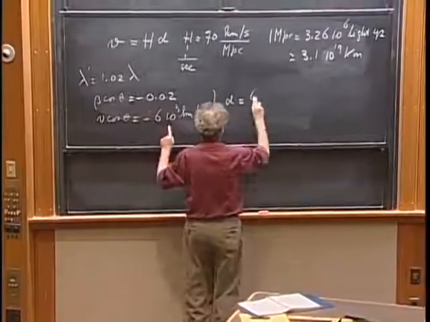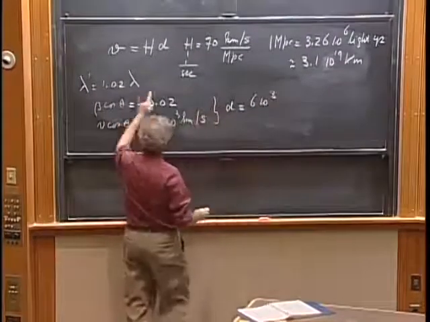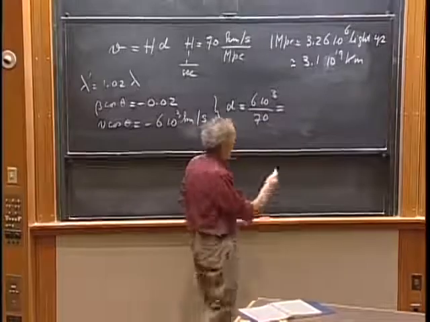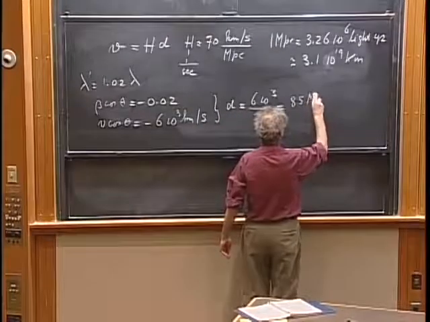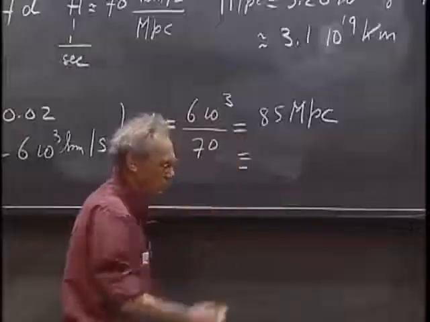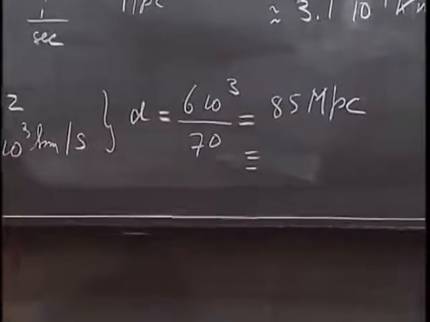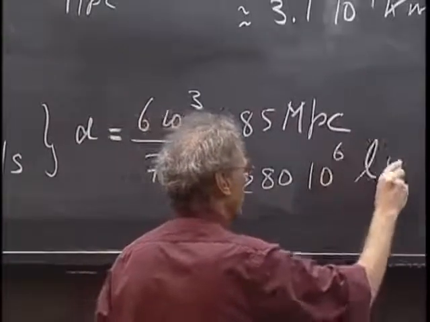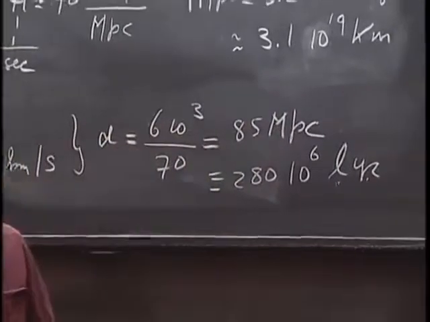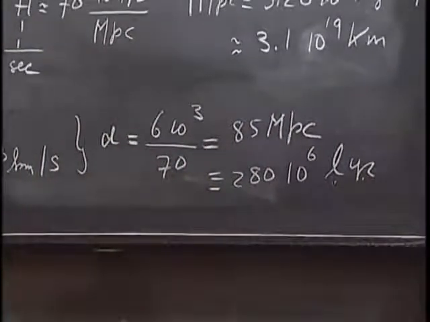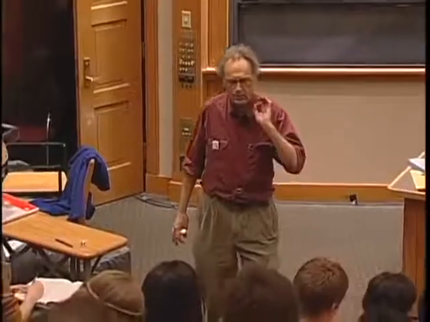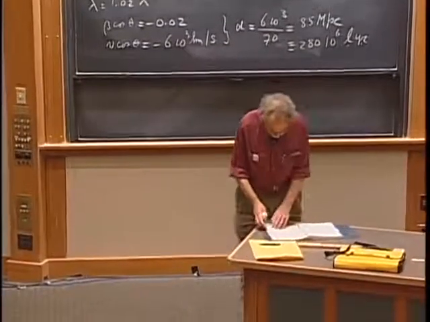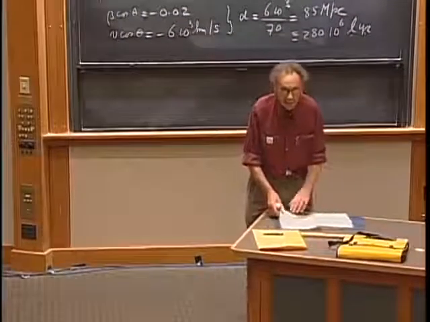So d is 6,000 kilometers per second divided by 70, which gives the distance in megaparsecs: 85 megaparsecs, corresponding to about 280 million light years. It means that the light you were processing on the ground was emitted by that galaxy 280 million years ago. In astronomy, we look back in time.